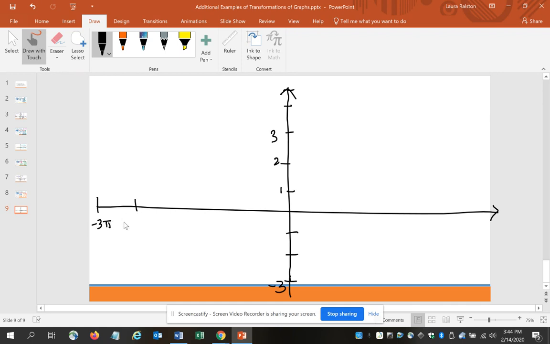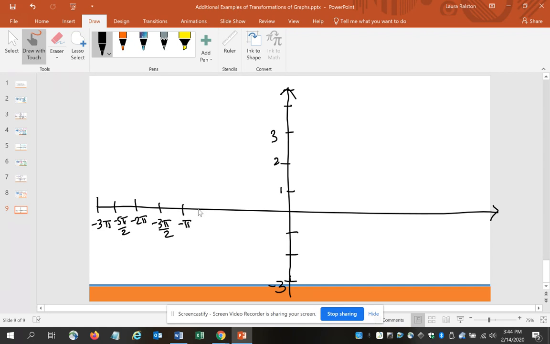Then we go to negative 5 pi halves. Maybe I better put those closer together to get them all in here. Hold on. Negative 5 pi halves. Negative 2 pi. Negative 3 pi halves. And negative pi. And I could continue with that.